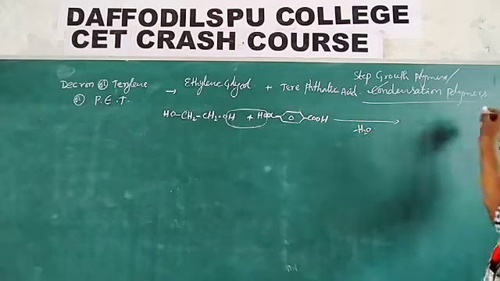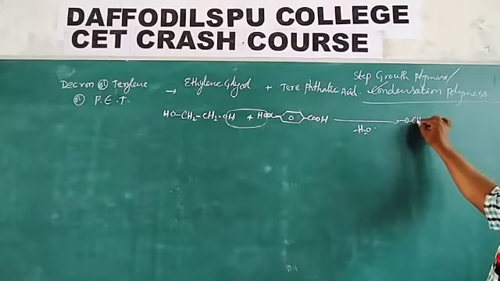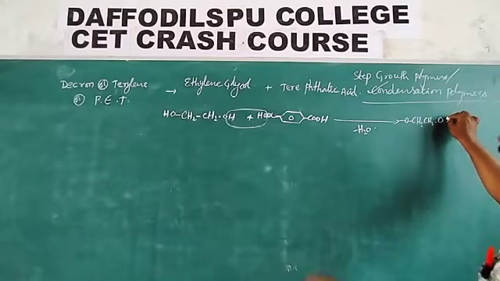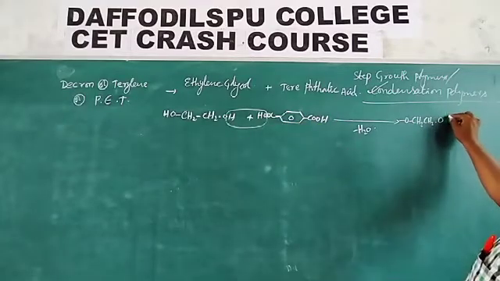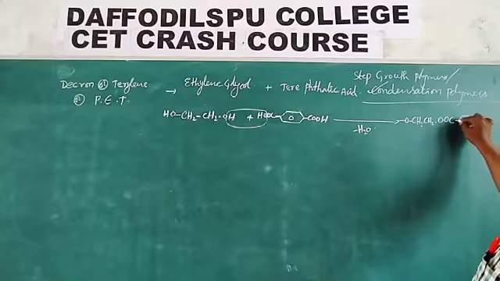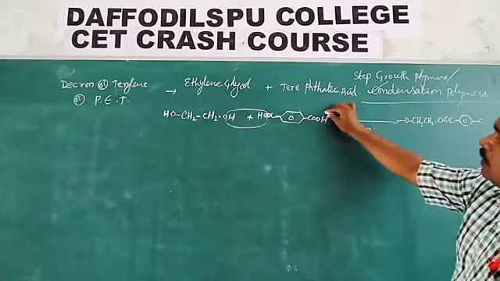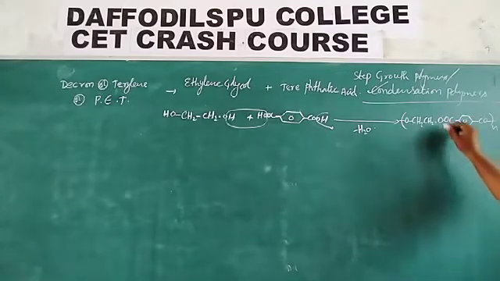So I am writing all the things once. This one. Here which thing remains? CO remains. Here again, which group will be eliminated? So like this, a long chain is formed.